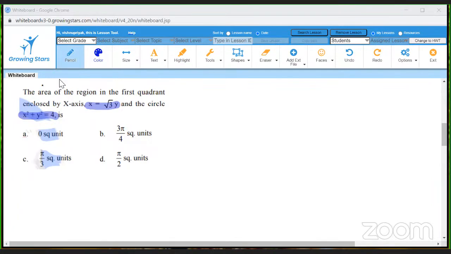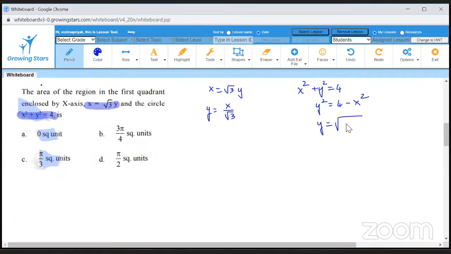But what is the easy method I will take? x equal to root 3y, your wish. You change it to y equal to or x equal to. Suppose you write y equal to x by root 3, and then x square plus y square equal to 4, y square is 4 minus x square, y is square root of 4 minus x square.